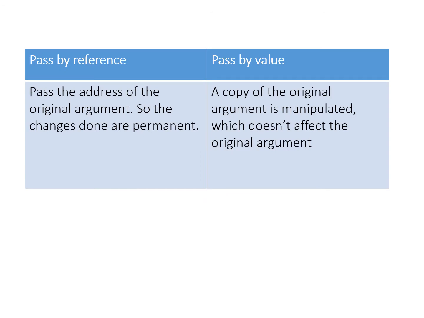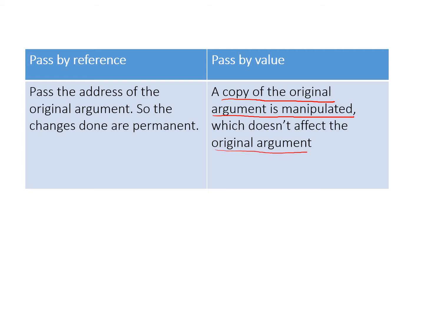So pass by reference and pass by value. In pass by reference, we are passing the address of the original argument instead of passing the actual value to the modules. However, in pass by value, we are copying the original arguments, and what is manipulated doesn't affect the original arguments.